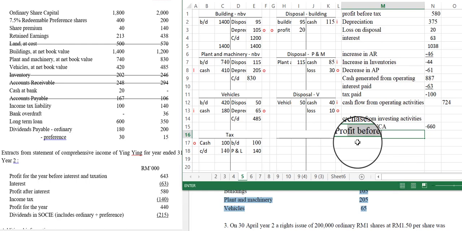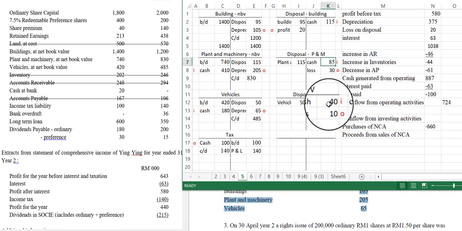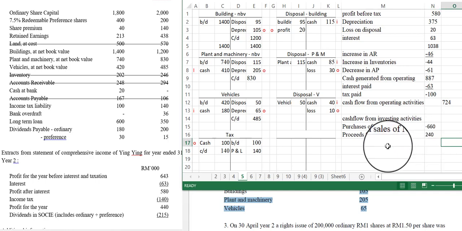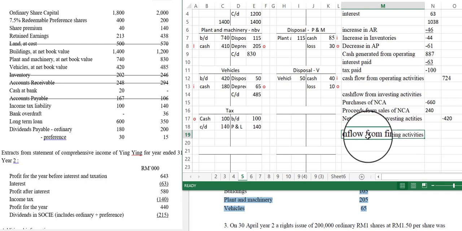So this is the proceeds from sales of non-current assets. So you have 1, 2, 3. Total is 240. So now you have your cash flow. The net cash flow will be minus 120. This is the net cash used in investing activities.